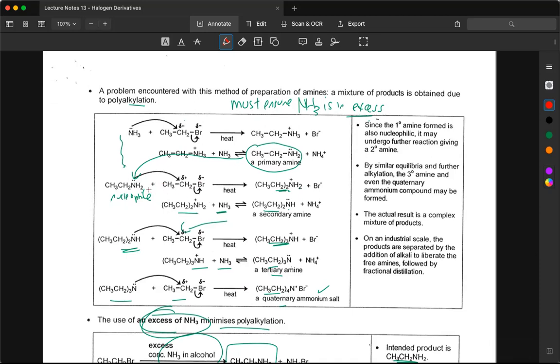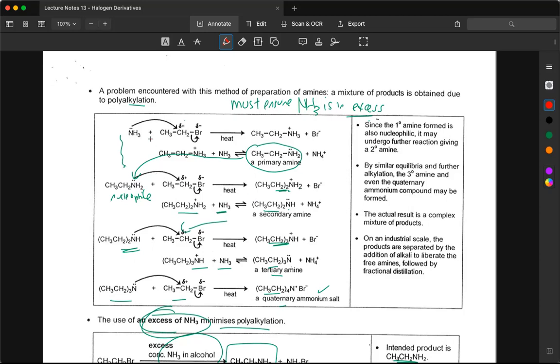It can continue to react with the bromoethane continuously, as long as there's a sufficient amount of it. Since the primary amine formed is also nucleophilic, it can undergo further reaction, giving the secondary amine here.